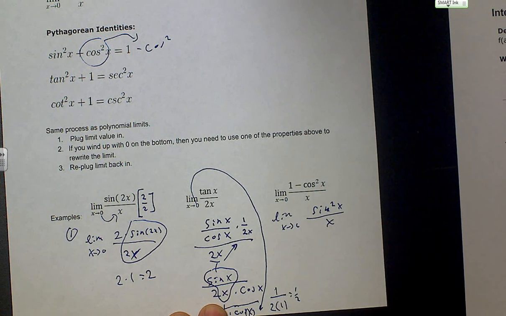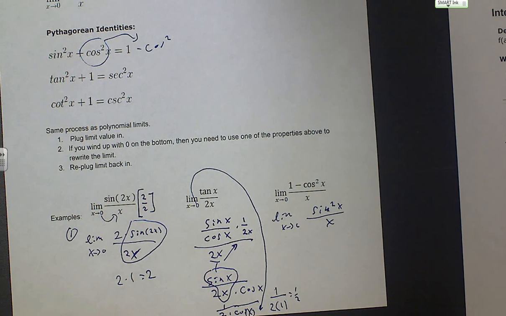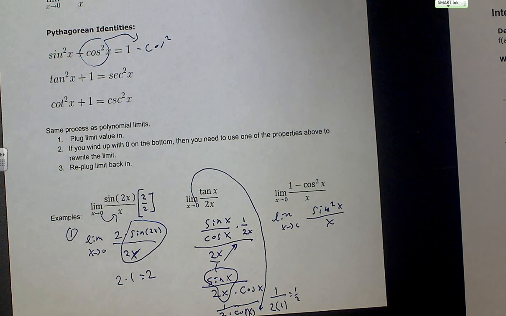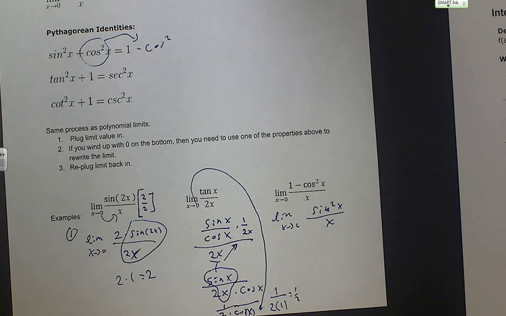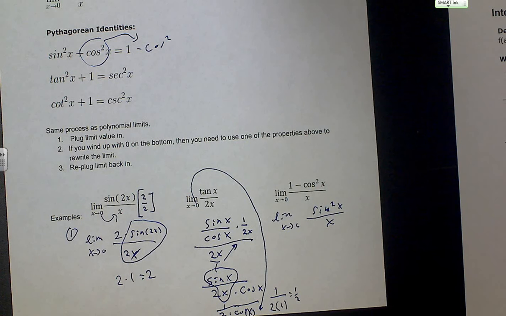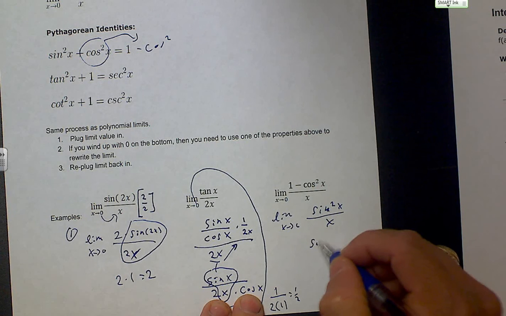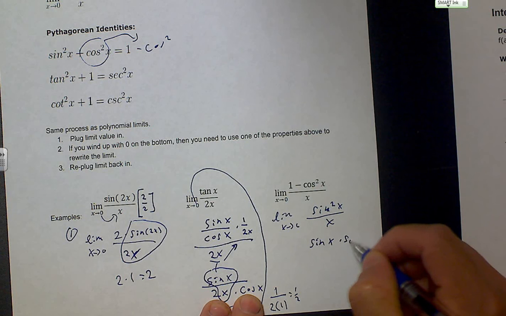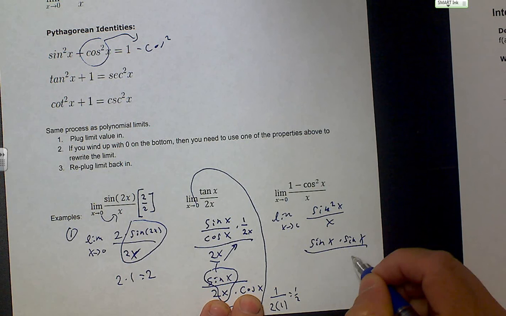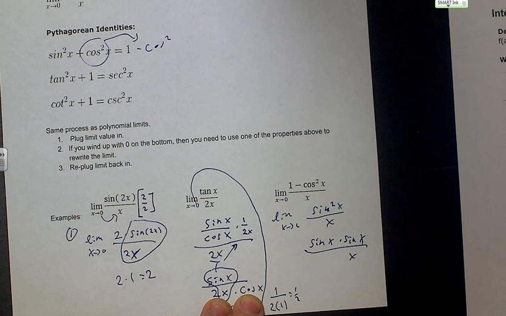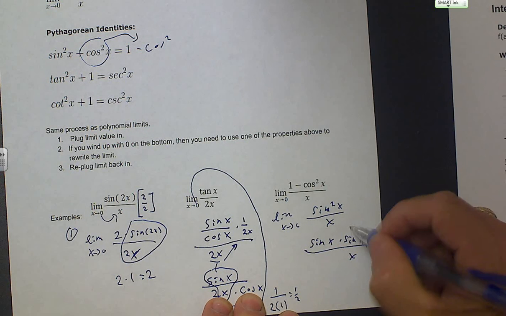Well, I don't have sine squared over x. Could you take a 1 out and just leave a sine x? So sine squared really means sine x times sine x. That's the same as sine of x times sine of x over x. And you can get a 1 out of that. That's a 1. It's on the left with sine of x.